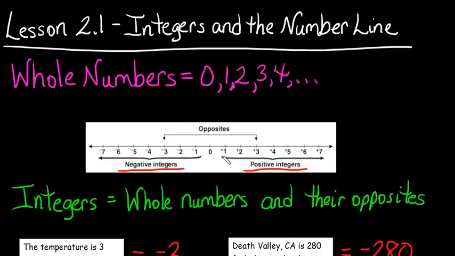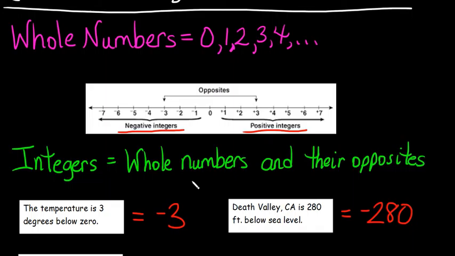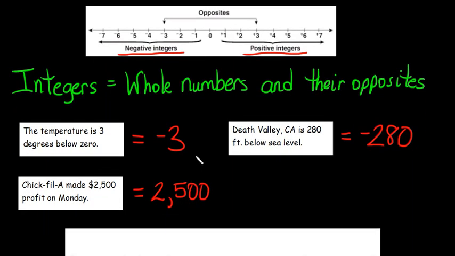So the opposite of positive 1 is negative 1. The opposite of positive 2 is negative 2, and so forth and so on. So the way we write those is, for instance, if I said the temperature is 3 degrees below 0, we need to go 3 below 0, and that would get us to -3.